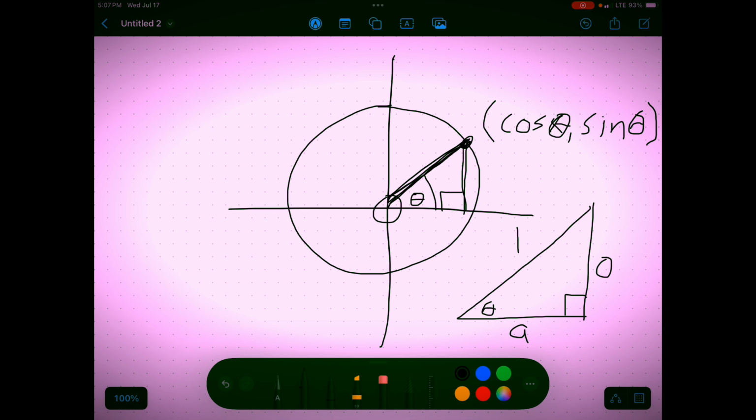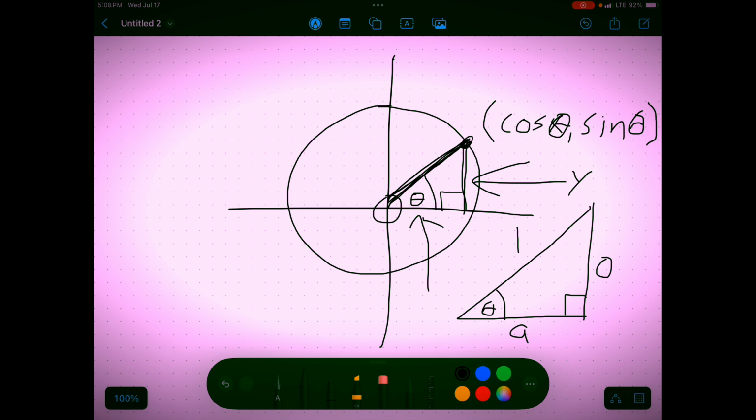So sine of theta would be O, which, if we go back to where our actual triangle is, that's how far above or below the x-axis it is. That's my y value. Likewise, cosine of theta is adjacent over the hypotenuse, or just A, because it's over 1, and that's going to correspond with the x value, how far left or right of the y-axis does the point lie.